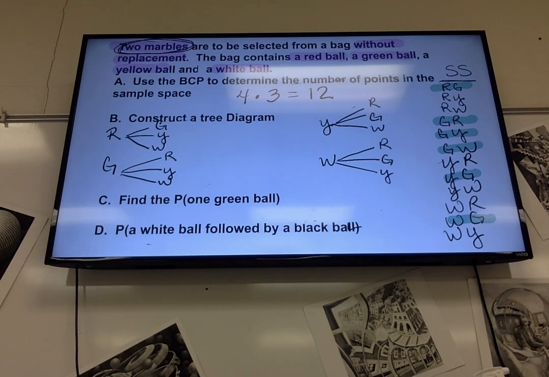Yeah, 1, 2, 3, 4, 5, 6. Out of what was the total? 12. Now you do have to reduce, always. So that's 1/2. So you've got a 50-50 chance of picking a green one.